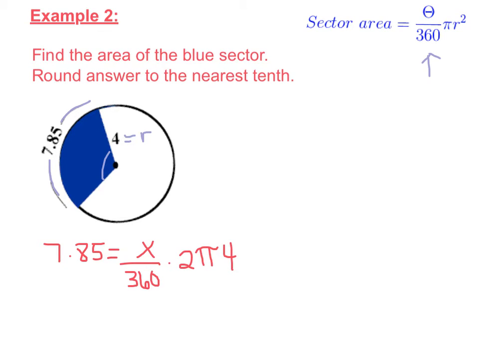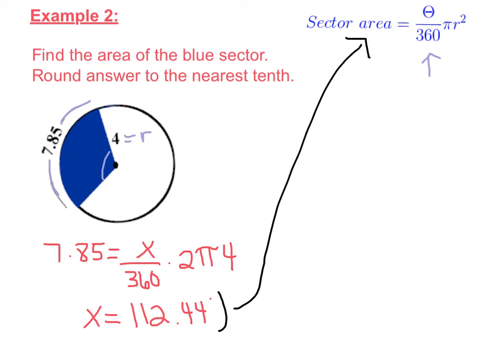Okay, and so you would need to work backwards, solve for x. X represents our theta, so we should get 112.44 degrees. Okay, so now we're going to use our degree measure here and substitute it into our formula, because we already know what r is, to find our sector area.